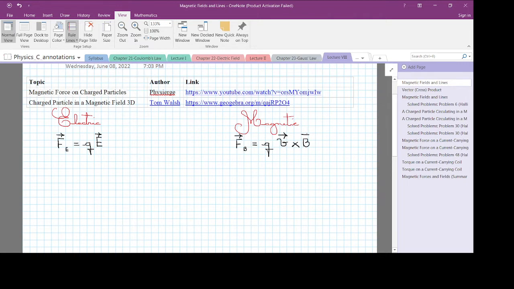As you can see, guys, it is similar in nature, but we have some significant differences here.